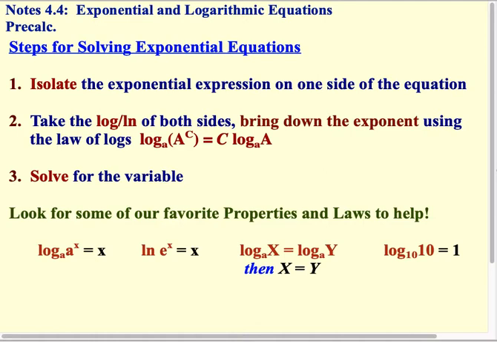Also, something to think about before we start solving is, are no solutions possible, which they are. You know from the last couple of days of discussion that there are some things we can't take the log of. Can't log 0, can't log a negative, and natural log, same thing.